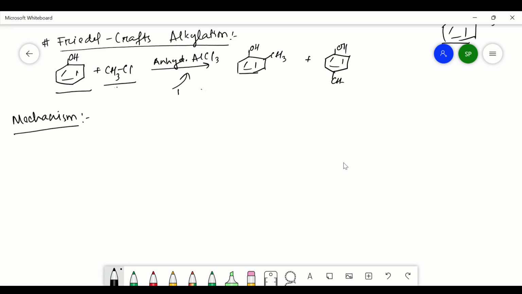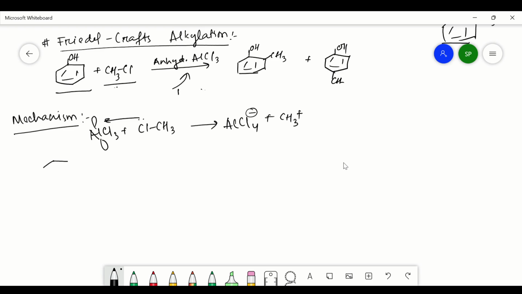First of all, there is formation of the electrophile: AlCl3 reacts with CH3Cl. The chlorine transfers one pair of electrons to aluminum, forming AlCl4 minus plus CH3 plus.